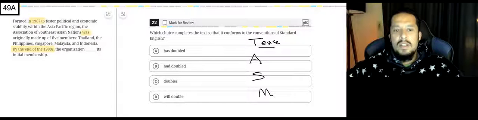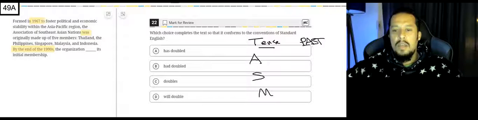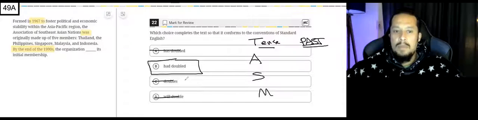So all of this information tells me, TASM tells me, we need the past. And so by elimination of C, D, and A, you're left with answer B, because we need a past tense verb, and A is in the present tense.